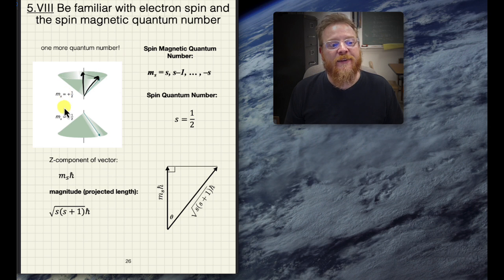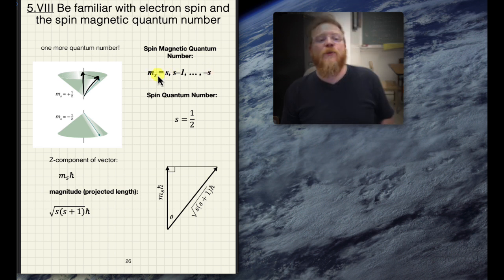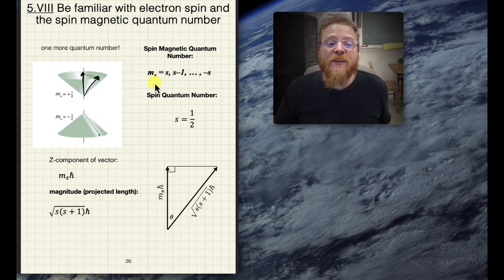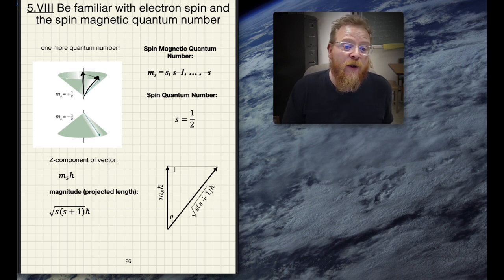From that, we get this magnetic spin number, ms, which goes as s all the way down to minus s. So this is analogous to ml. Now the difference is, for electrons, there's only one spin quantum number, which is 1/2.